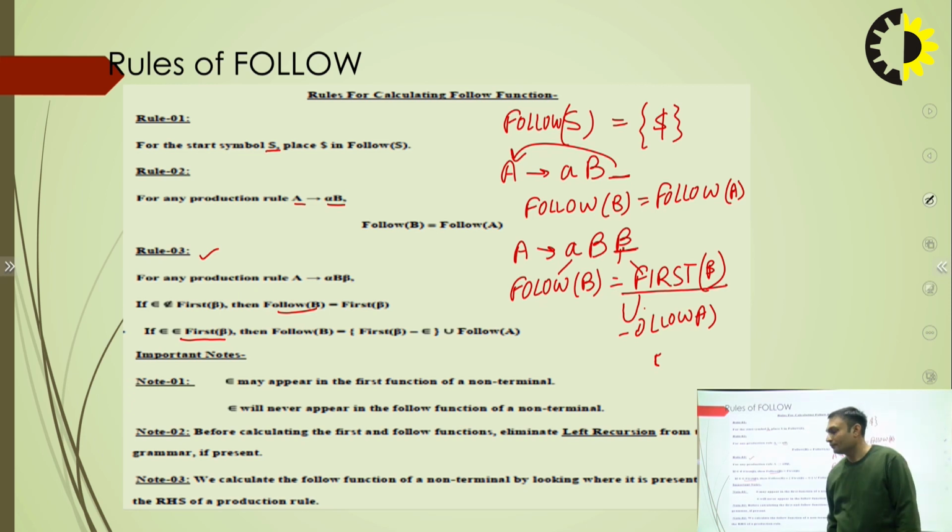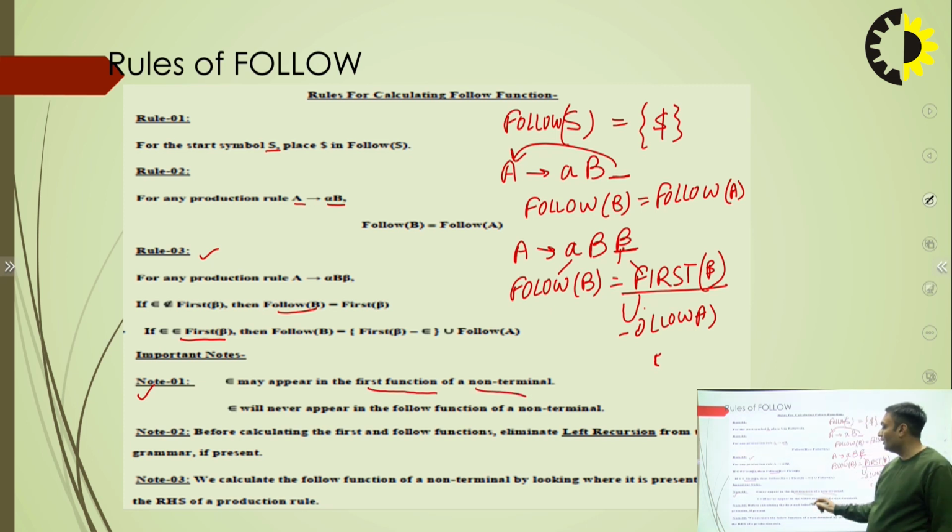And we need to remember some notes when we are calculating first and follow. Especially for follow, note number 1 is that if epsilon may appear in the first of a non-terminal, then epsilon never appears in the follow function of any non-terminal.